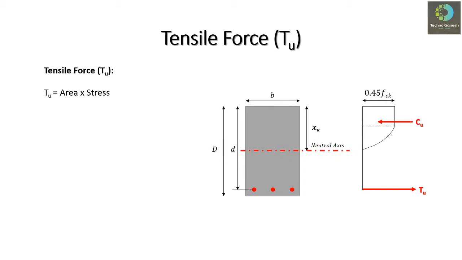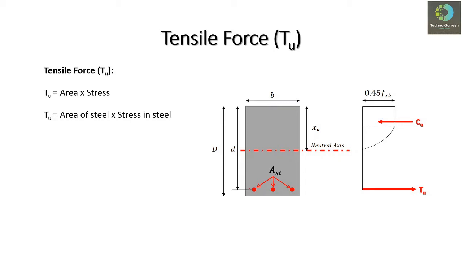Let us consider that the area of tensile steel we have provided is Ast. So the tensile force which is going to develop in these bars will equal the area of these steel bars into the stress in steel.